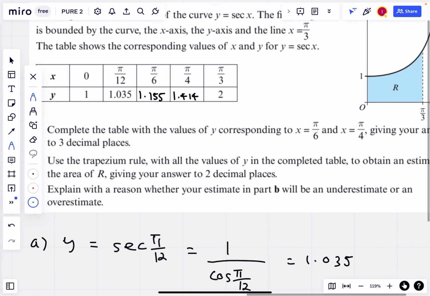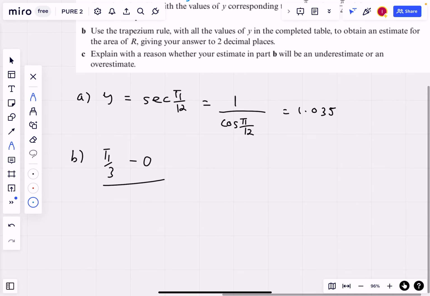I take this line, that means trapezium 1. This would be trapezium 2. This would be trapezium 3. That would be trapezium 4. So in this case, there are 4 trapeziums. So pi over 3 over 4, which is the same as pi over 12.